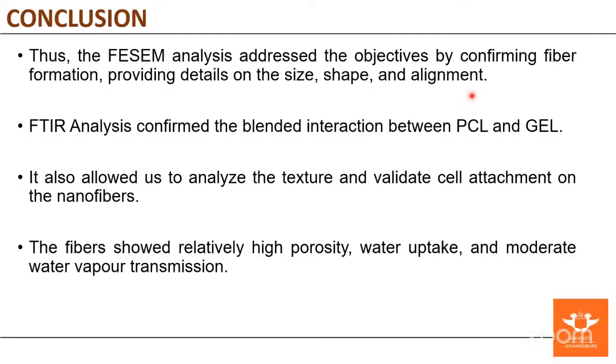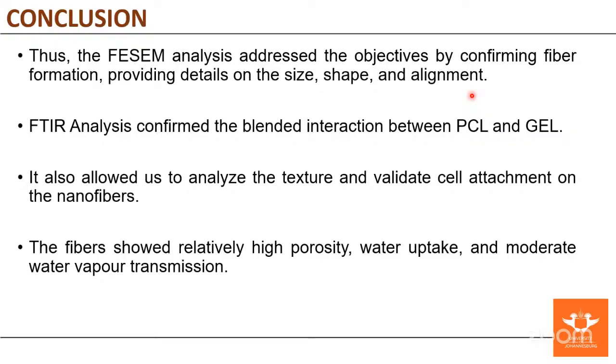Thus, it brings us to the end of this section with our FESEM analysis addressing the objectives and providing us details on the size, the shape, and the alignment. FTIR analysis confirming the blended interactions instead of them sitting next to each other.